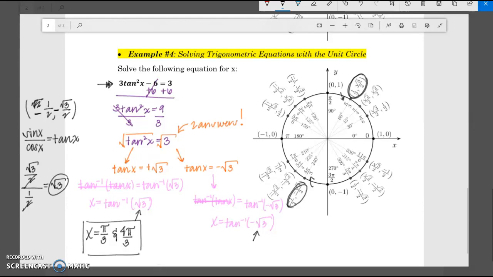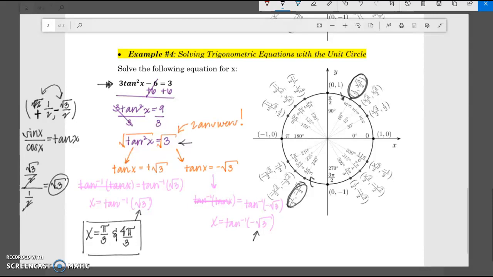But unlike the other equations that we solved, we don't just have 2 solutions. We have 4 solutions because we have 2 different equations that we were solving for once we split apart at this point due to the square root. So then I need to look for values that are going to result in negative root 3, which means I need the same ordered pair, but one positive and one negative, or those signs flip-flopped around.